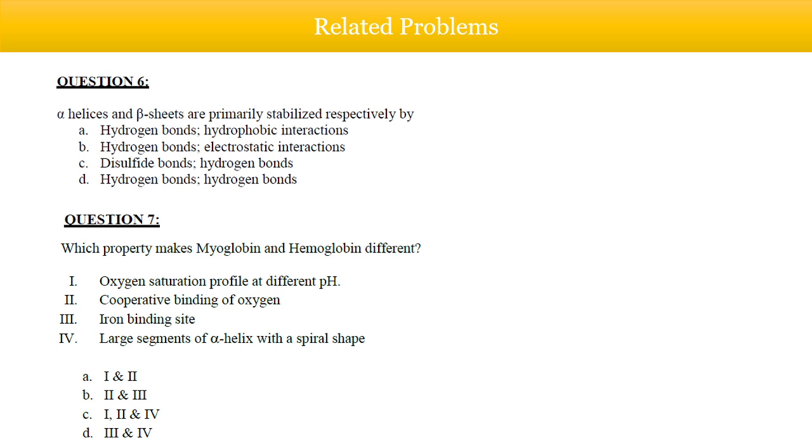Okay, alpha helices and beta sheets are primarily stabilized by hydrogen bonds, hydrophobic interactions, electrostatic interactions, or disulfide bonds.